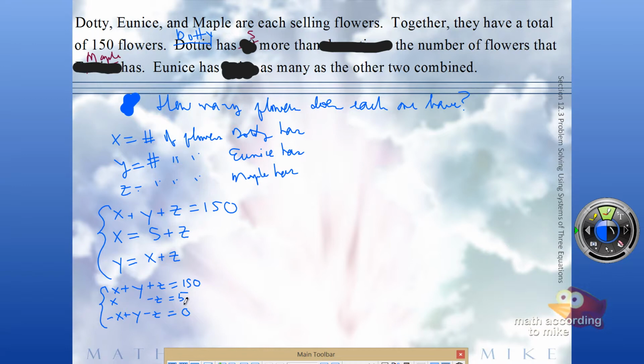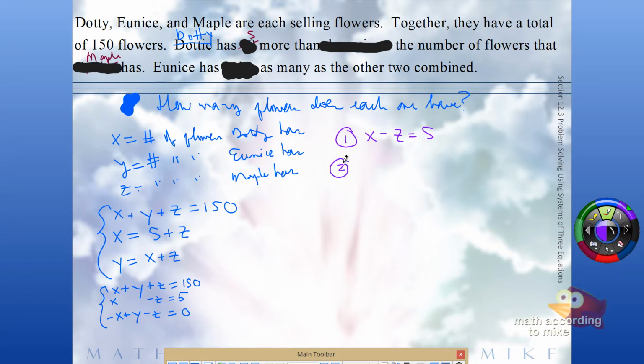Alright, now we are prepped to go back to what we did in the previous section and solve for variables. We'll do this in a different color. So let's suppose we wanted to use for step 1 the second equation because y is already eliminated. We can do that. So we could just say x minus z equals 5.